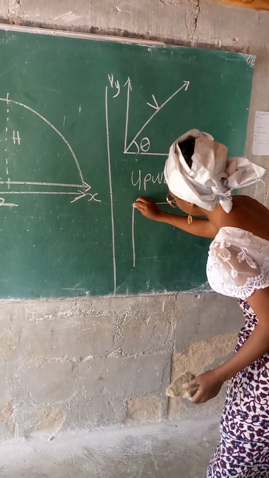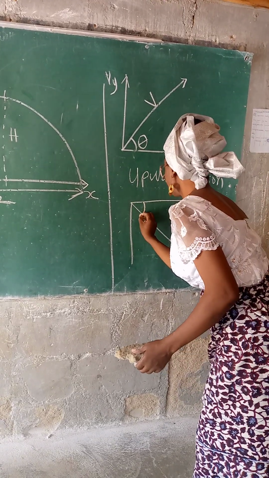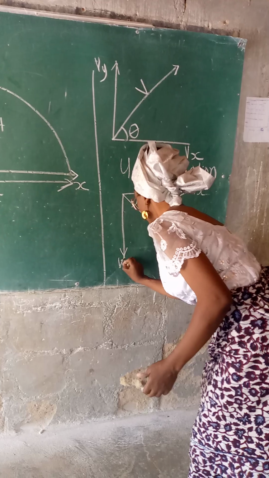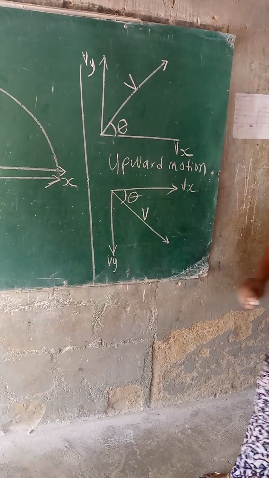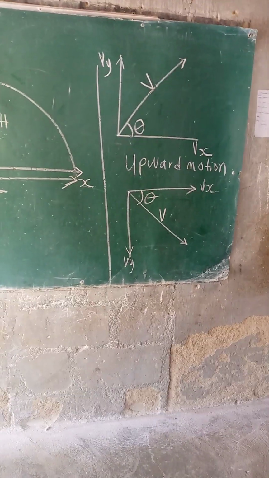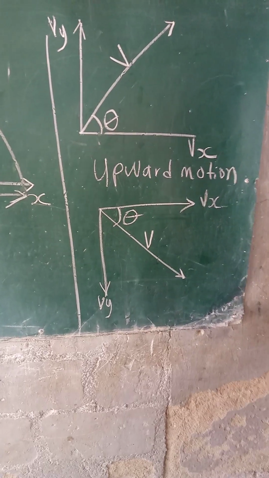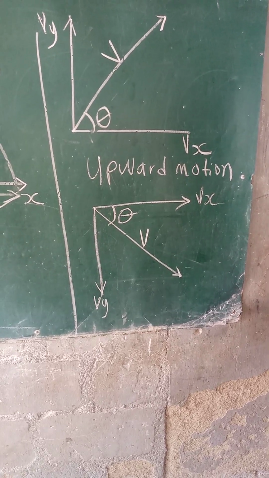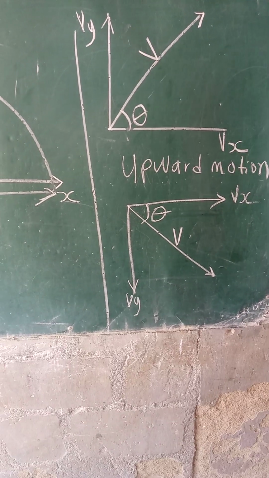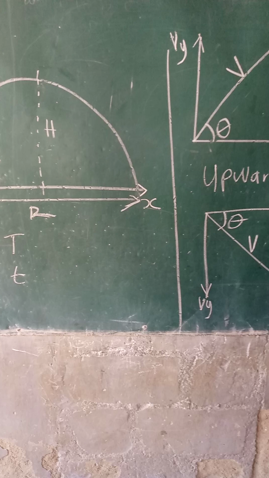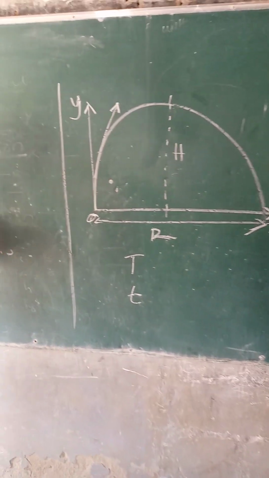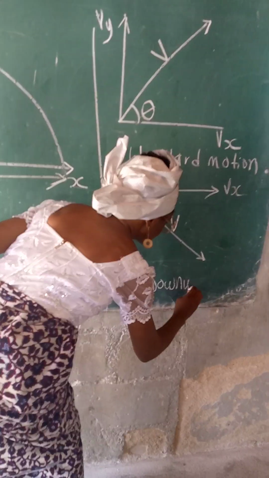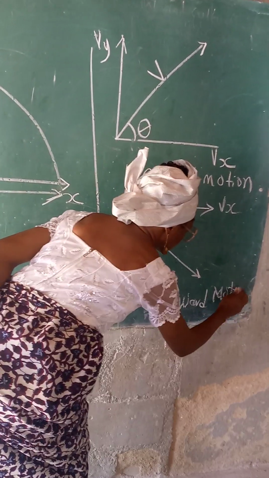This is our Vx, this is our Vy, and this is our resultant V. This is for the downward motion.